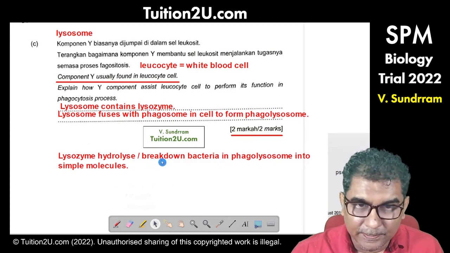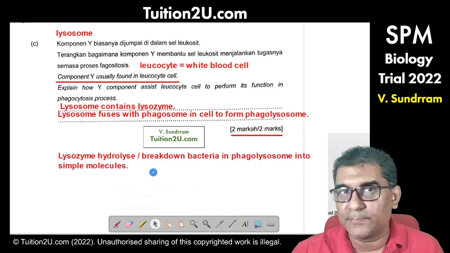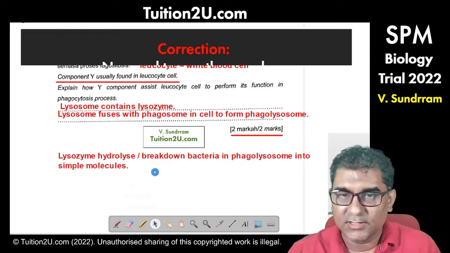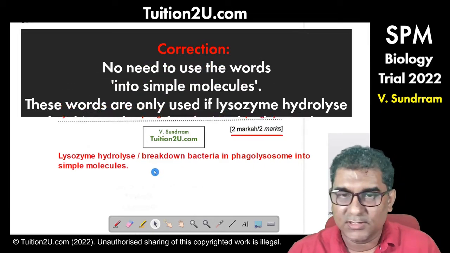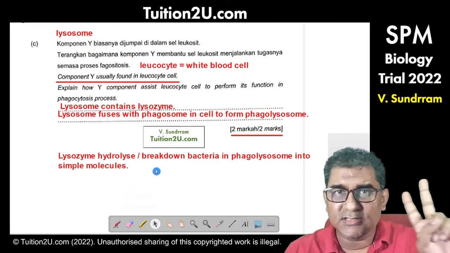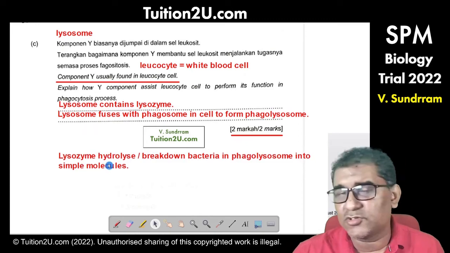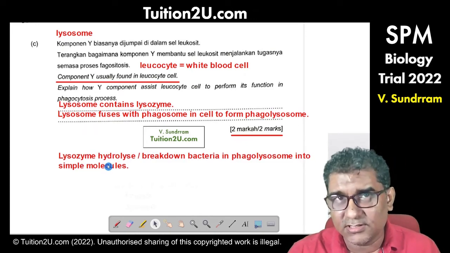Lysosomal enzyme breaks down bacteria in phagolysosome into simple molecules. That is the 2 marks. I'm giving you 3 sentences. The first sentence and this sentence should be enough to get you the 3 marks.